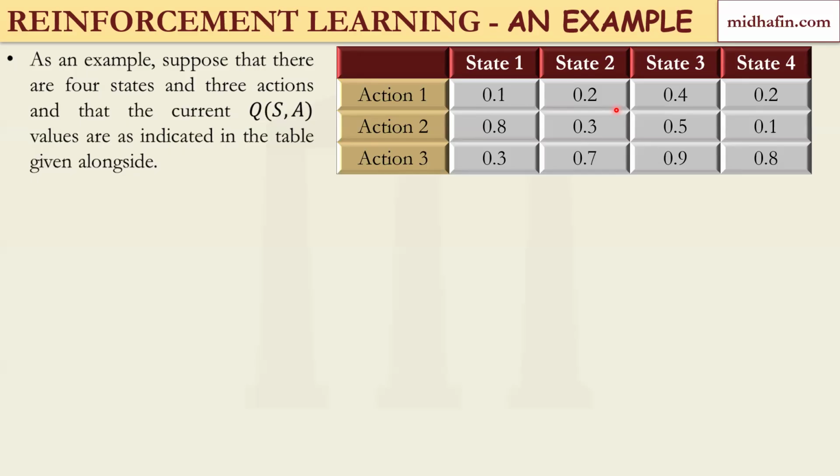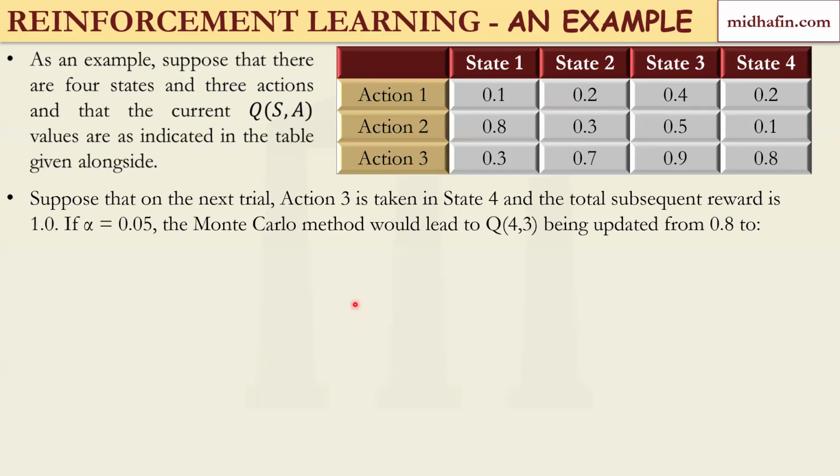Okay, so let's start with Monte Carlo. Suppose on the next trial, action 3 is taken in state 4 and the total subsequent reward is 1. Alpha is given as 5%.